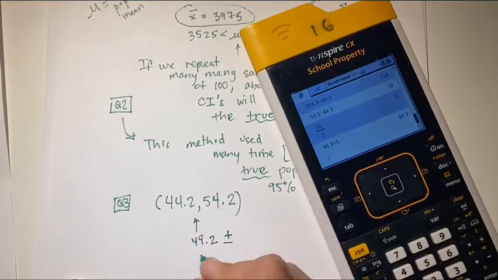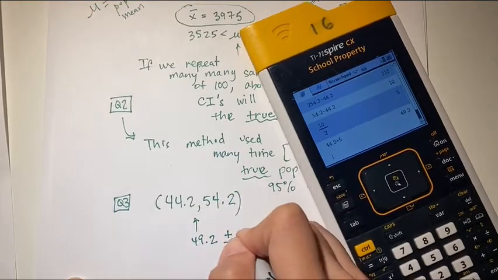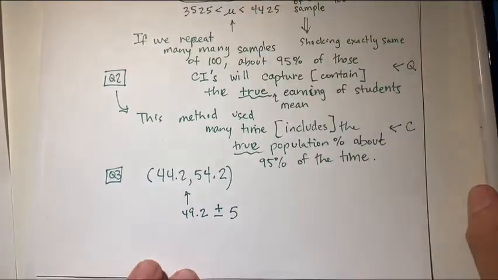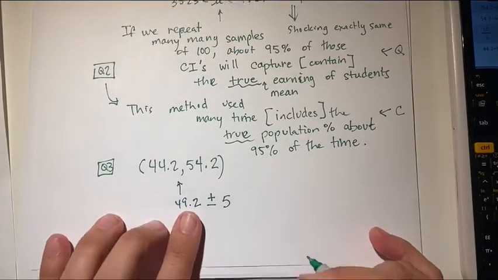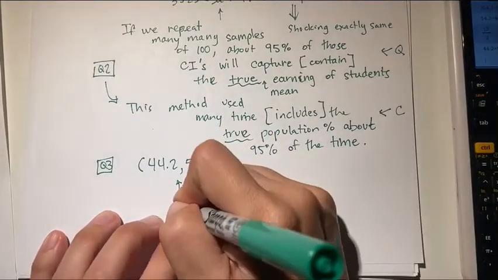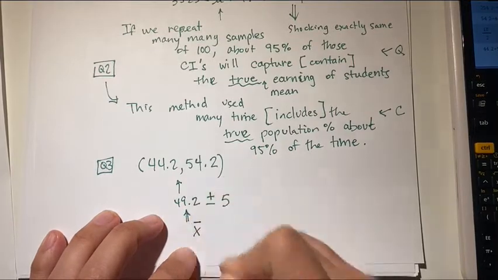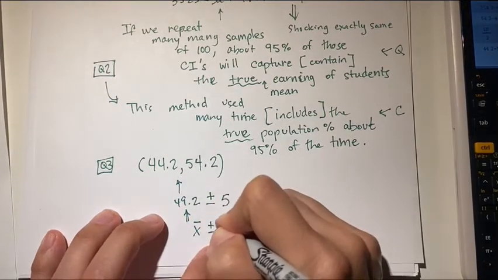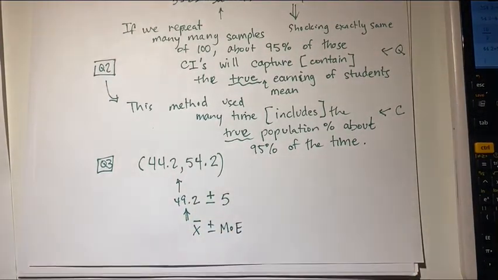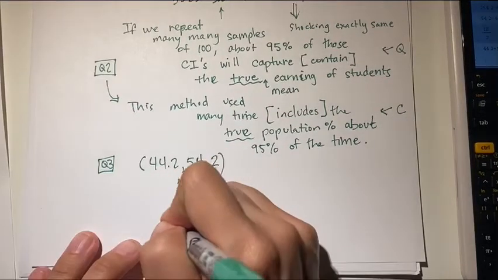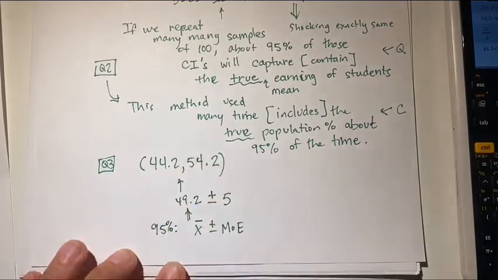So this is 49.2 plus or minus 5. When they took the sample, they're not showing all their work, but they got a sample mean of this and a margin of error of 5, and they did that at a 95% level.